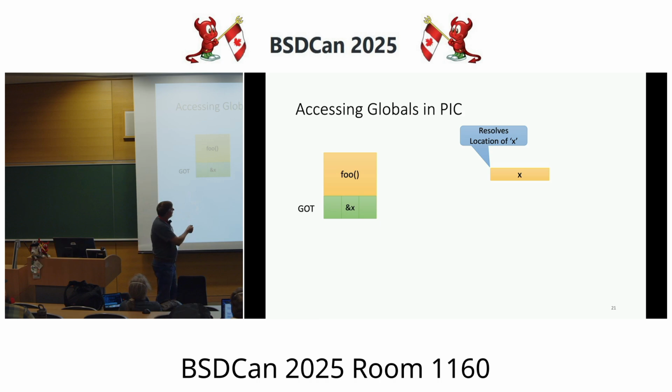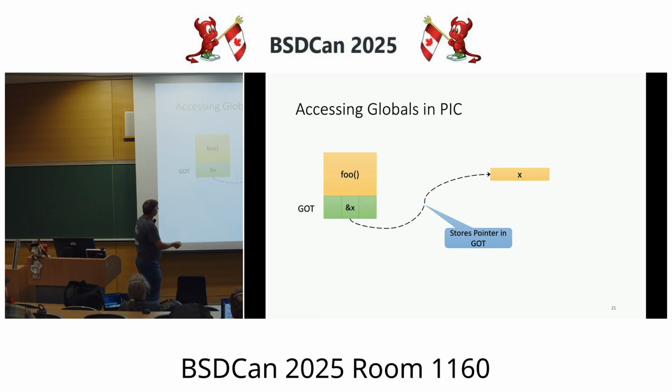As part of that, we do a symbol lookup on x, and it lives over here in some other shared library, we don't care which one, just somewhere else. Then we take the address of x and store it in the GOT. Once we've done that, my foo function can access the value of x, because it's going to read the pointer out of the GOT and dereference the pointer to find the real thing.